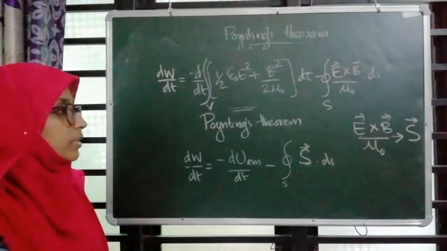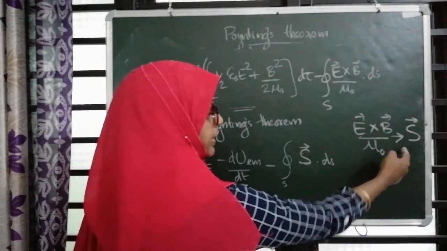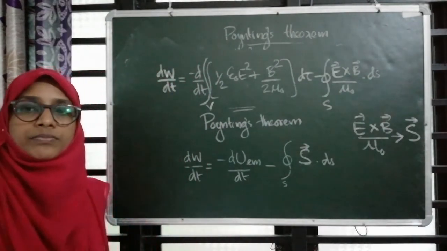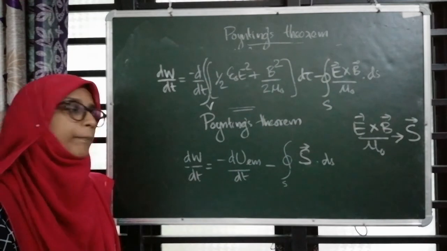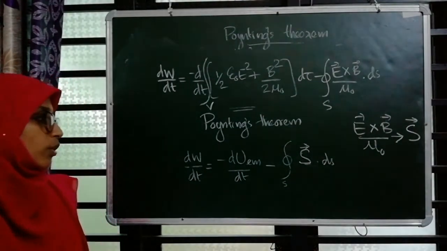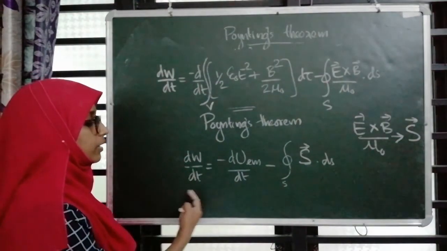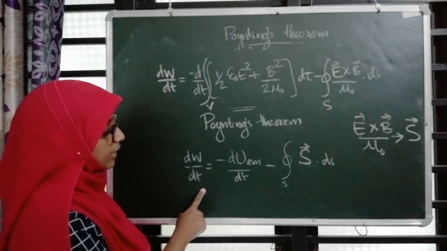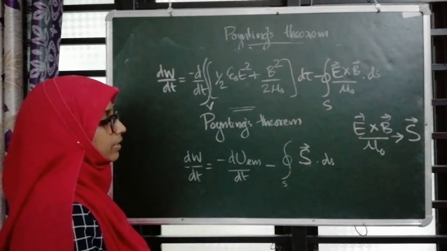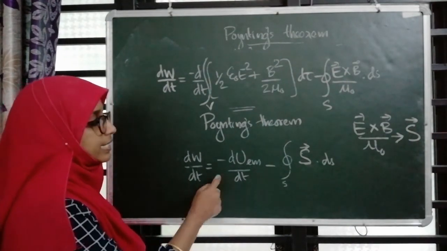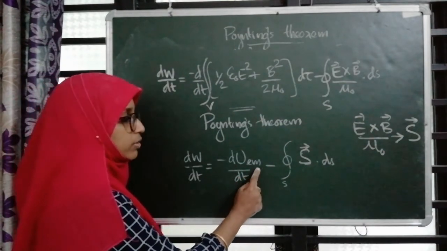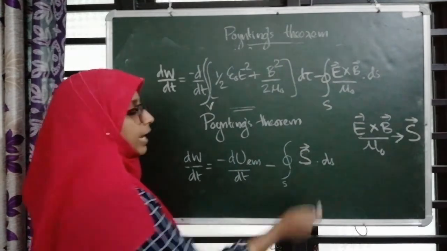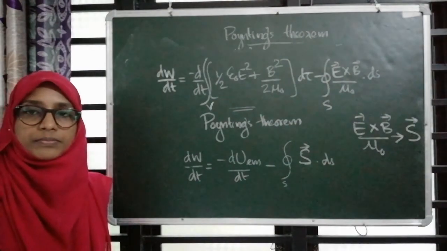In this, S is the Poynting vector, which is the energy transferred per unit area per unit time. So the rate of work done on the whole charge system can be represented as the negative of the rate of change of stored energy minus the energy flux.